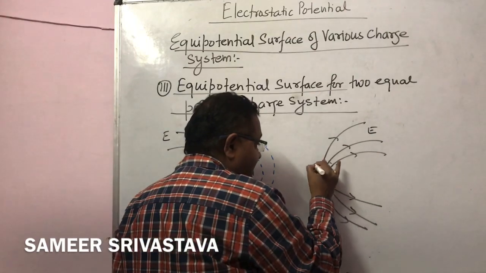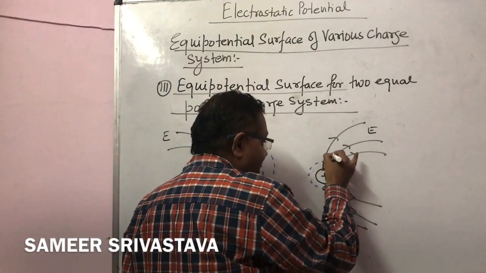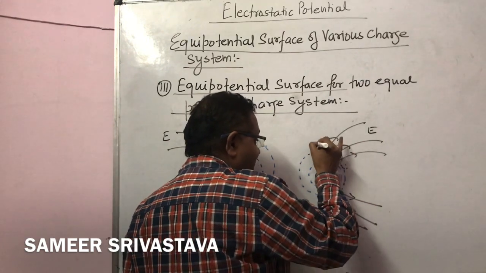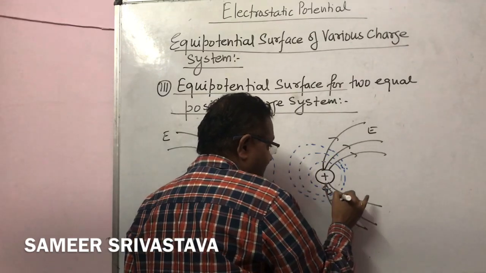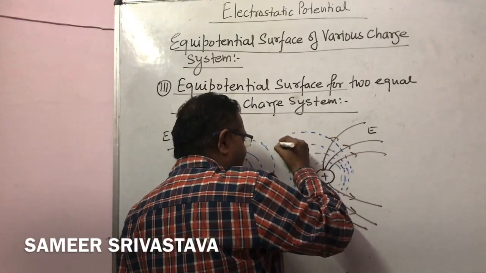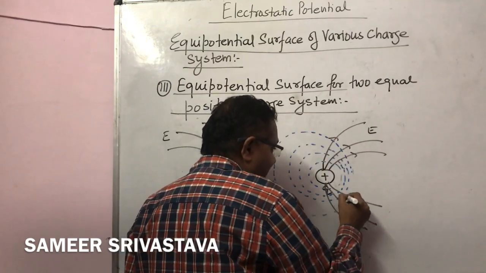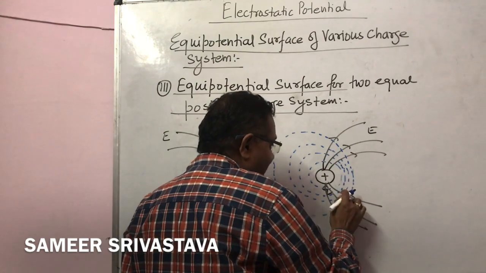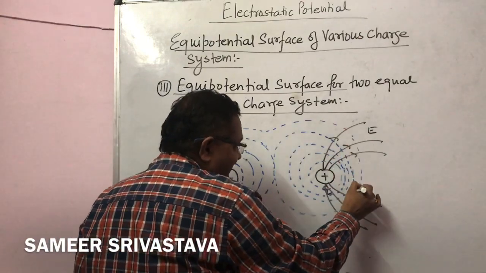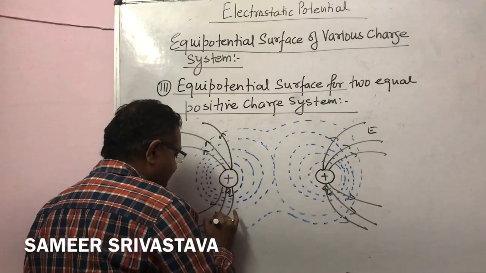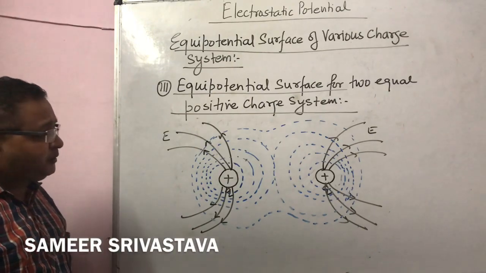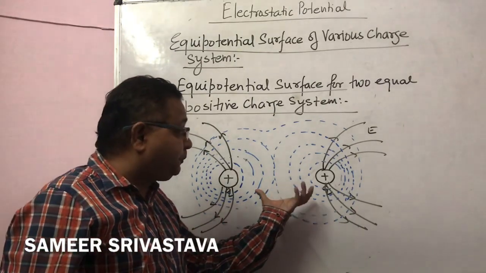Similarly here. Like this. Like this. Like this. And now they overlap like this. Finally, they make a pattern like this, very close to each other. So this is the equipotential surfaces for a two positive charge system.